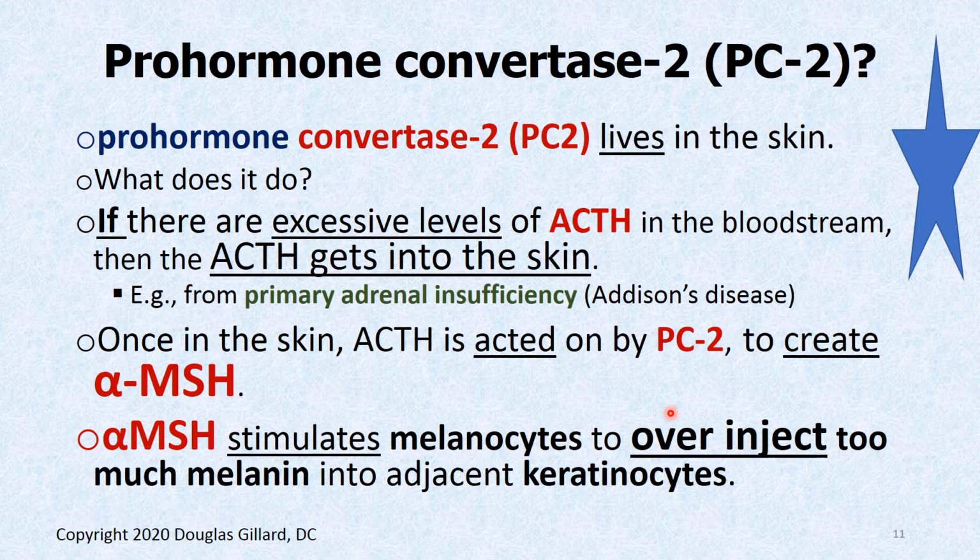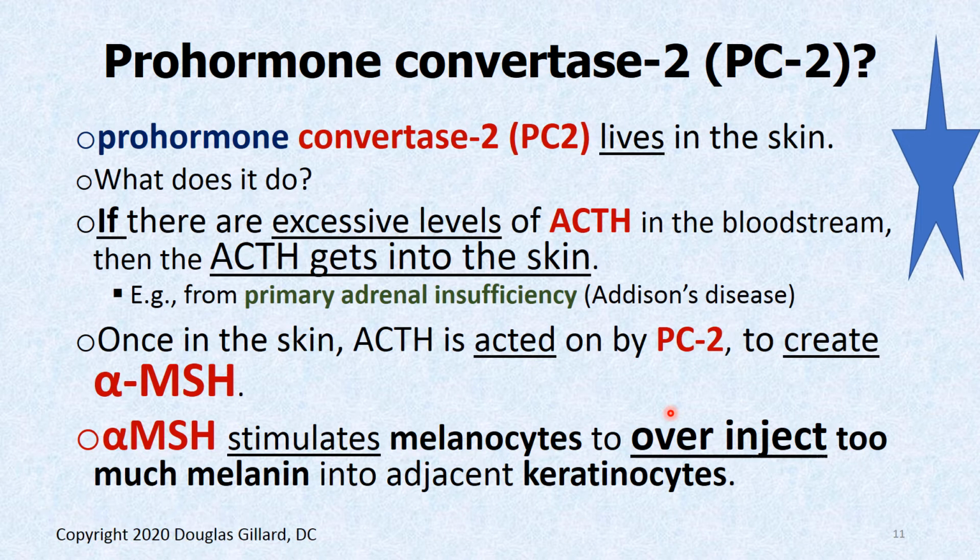Now, how does PC2 work? So if you have really high levels of ACTH, so let's say you have Addison's disease, which we've talked about, so your adrenal gland isn't secreting cortisol, and probably not secreting aldosterone, and it's not even secreting androstenedione.